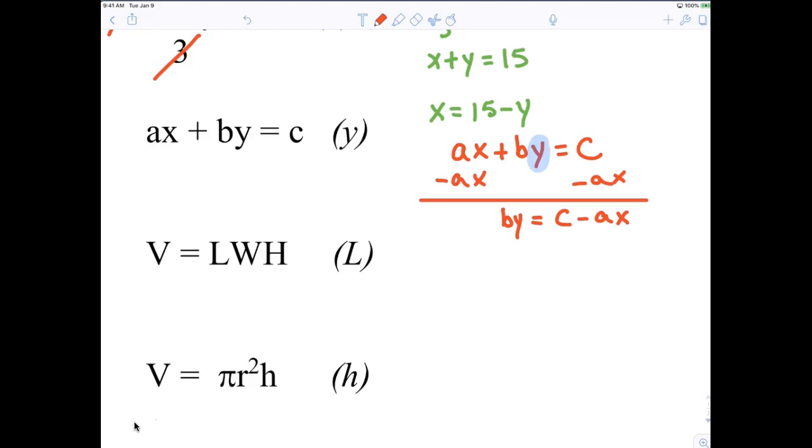No. Come on now. What's attached there? B what Y? What operation is that? Yeah, there you go. That's what you have to say to yourself. How are those two things connected? It's connected with multiplication, so we do what, Miss Pliego? We divide. That is correct. So Y is equal to C minus AX all over B.